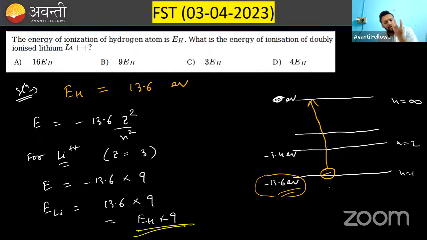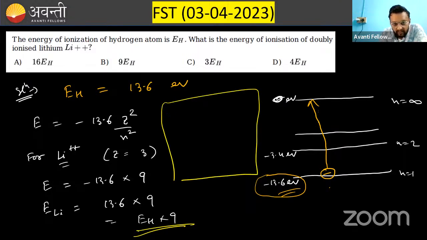What you should remember after this question, the conclusion of the question, is this: energy of ionization equals the energy of the ground state with mod sign.